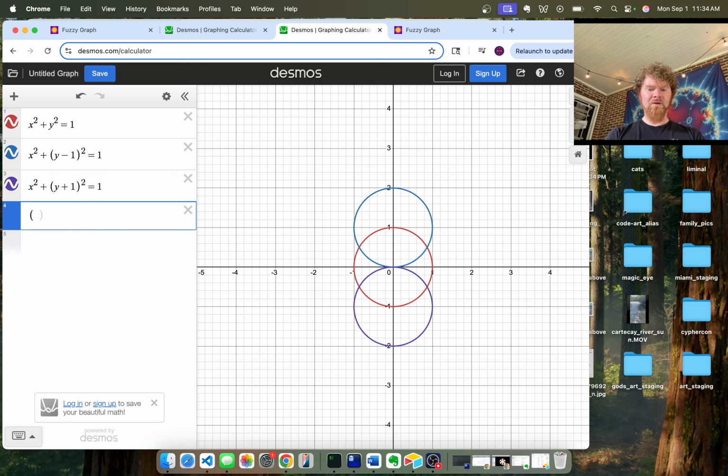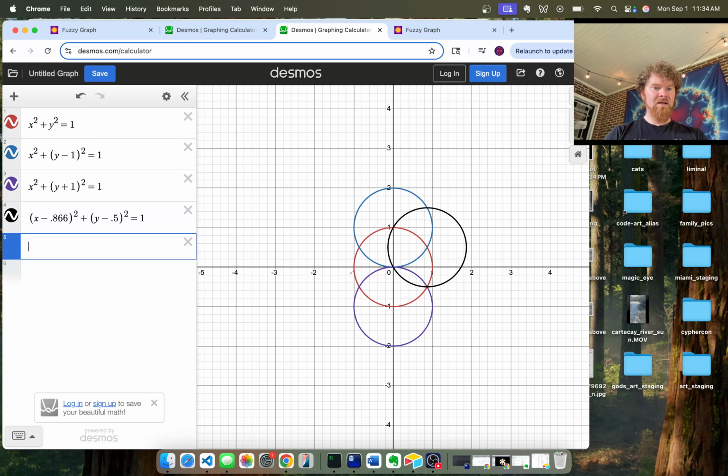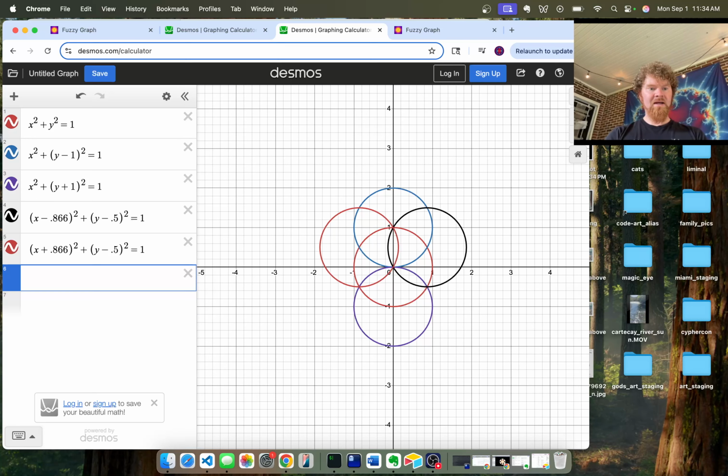Now we're going to do x minus 0.866 squared plus y minus 0.5 squared equals 1, to get that one. Then x plus 0.866 squared plus y minus 0.5 squared equals 1. Then x minus 0.866 squared plus y plus 0.5 squared equals 1.